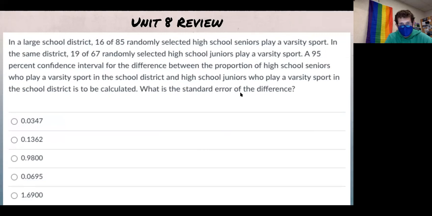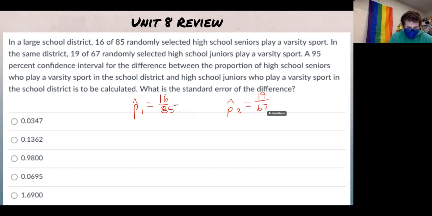The difference. Okay, so they actually want us to do a 2-sample z interval for this. Technically this isn't something we did until unit 9, but to be fair, it all blends together. So p-hat sub 1 is 16 out of 85, and p-hat sub 2 is 19 out of 67.